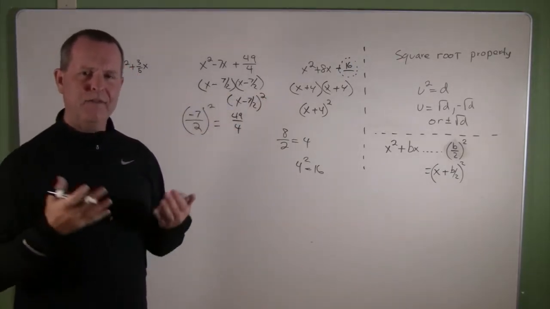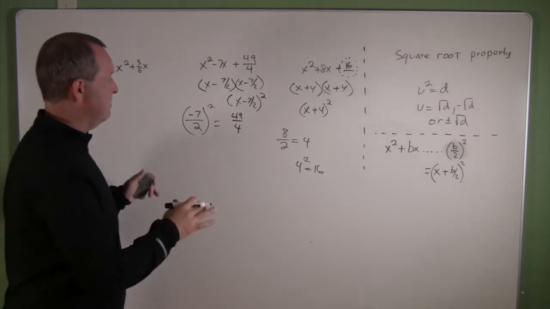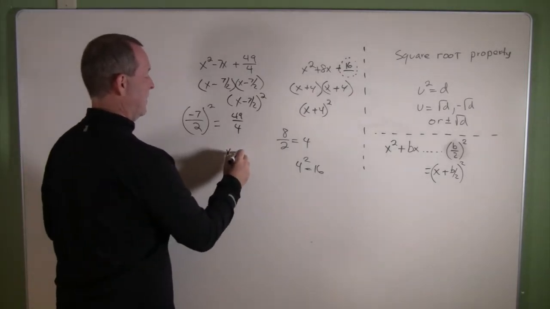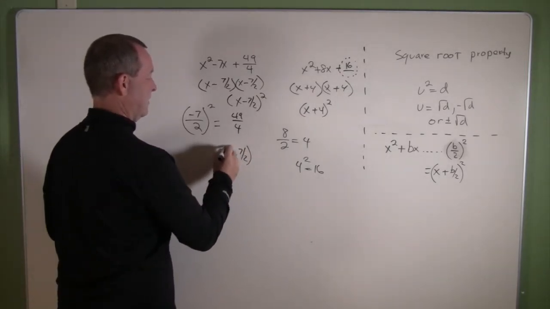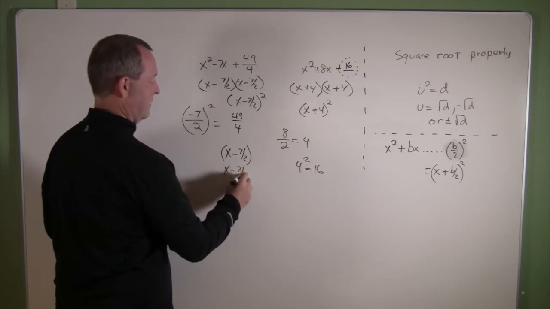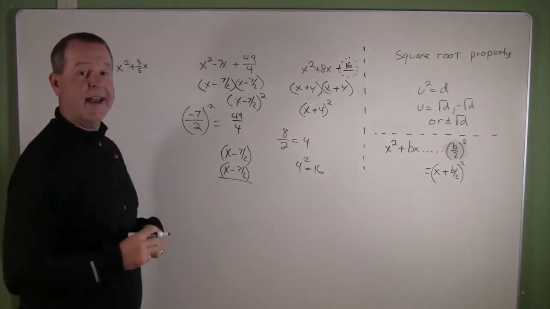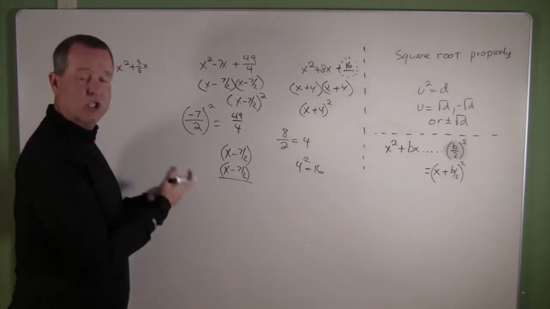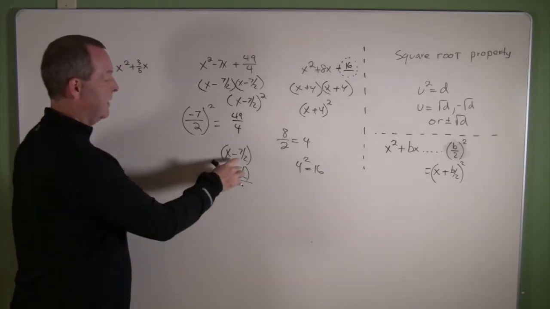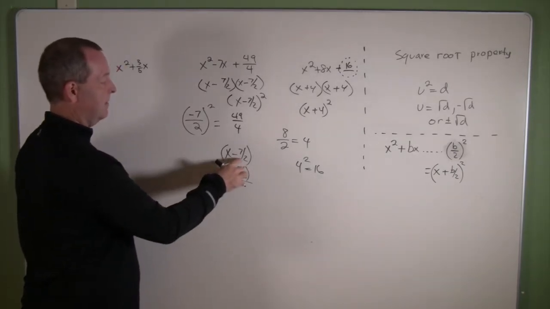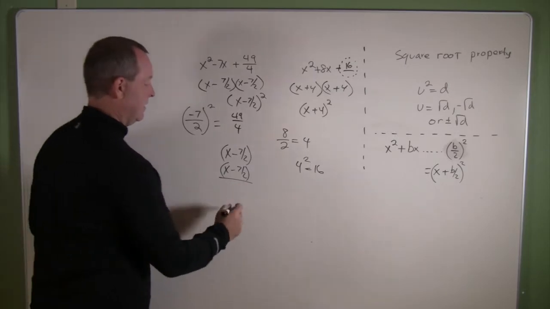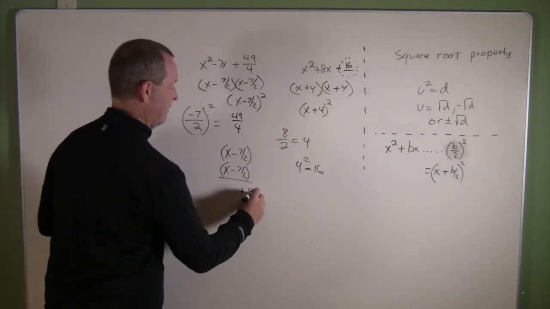And if you really need to prove it to yourself, let's just multiply it back out. x minus 7 halves times x minus 7 halves. Let's FOIL that out. I'm just using a stacking method to begin with. Negative 7 halves times negative 7 halves is a plus 49 fourths.